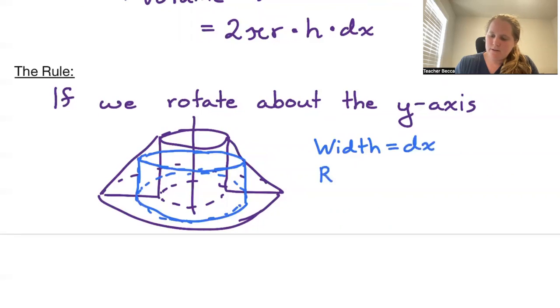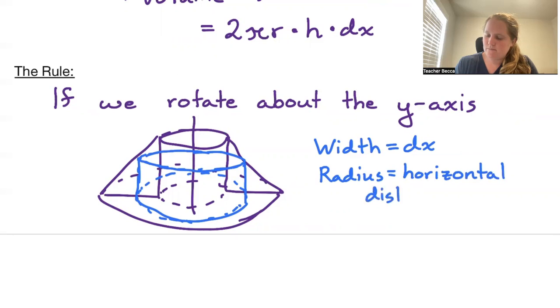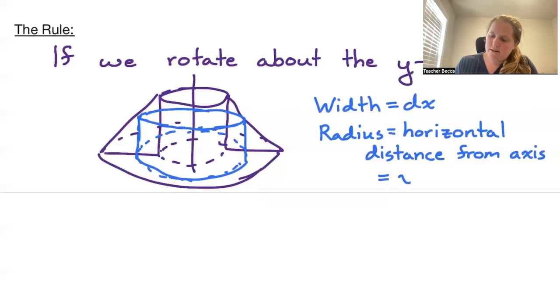Our radius is the horizontal distance out from the axis. In this case, we are going around the y-axis, so we would just have x minus 0. But it's whatever your axis is at.